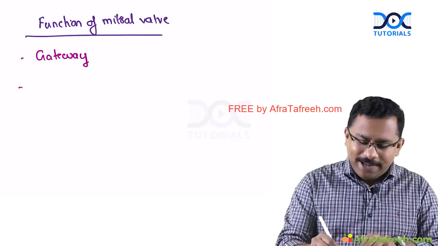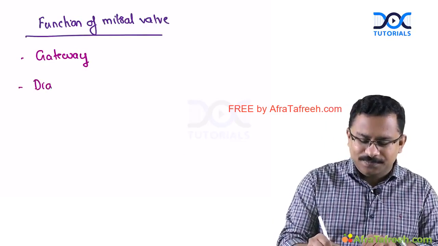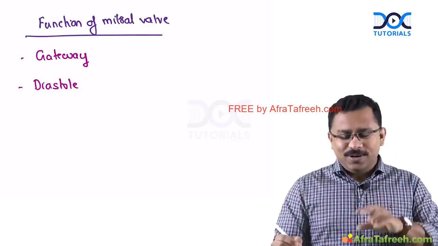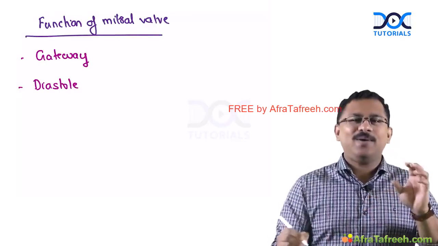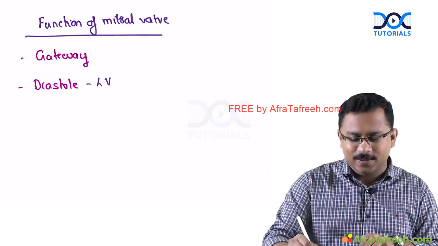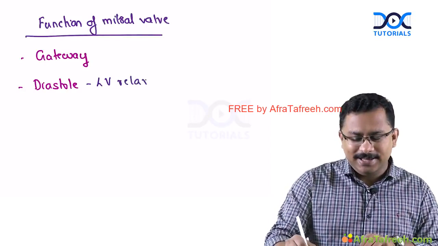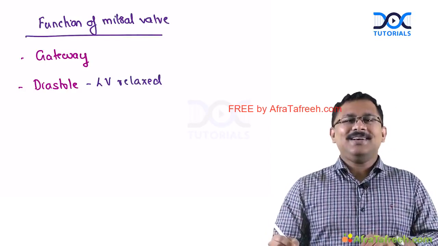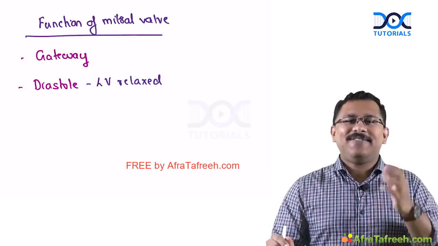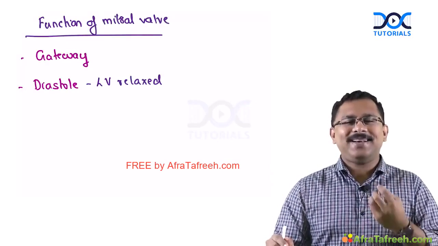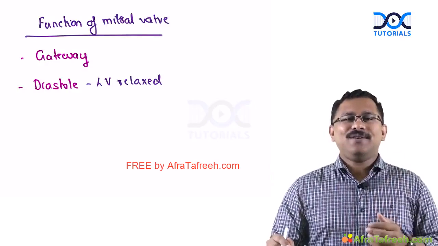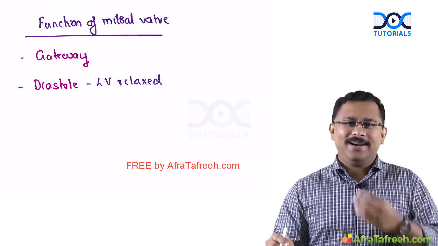Let's see what happens during diastole. During diastole, you tell me what happens to the LV. The LV is in a relaxed state, correct? So at that particular time, the mitral valve opens, and there is a blood flow from the atrium to the ventricle.